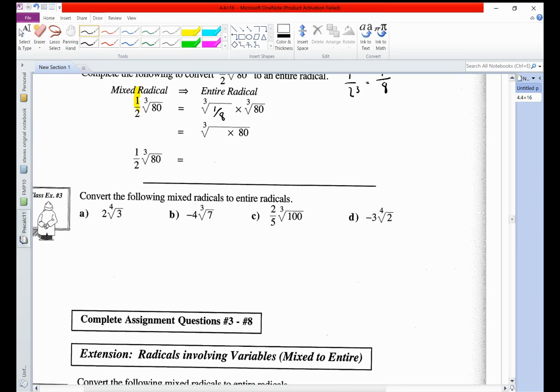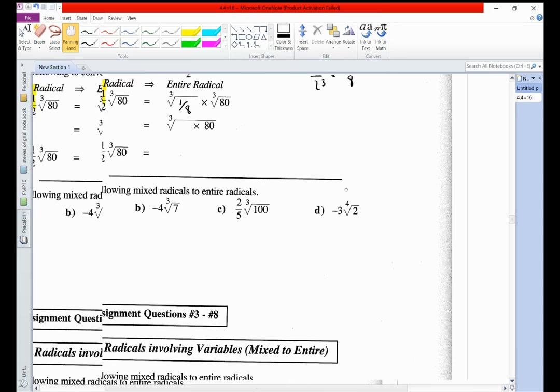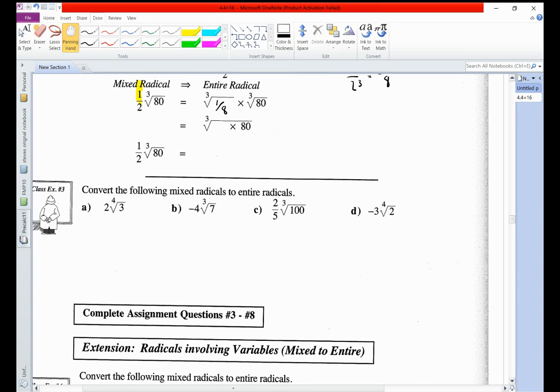And then if you have the cube root of 1/8 multiplied by the cube root of 80, you can say that it is the cube root of 1/8 multiplied by 80. And when you multiply 1/8 by 80, you get 10. So 1/2 times the cube root of 80 is the same as cube root of 10.